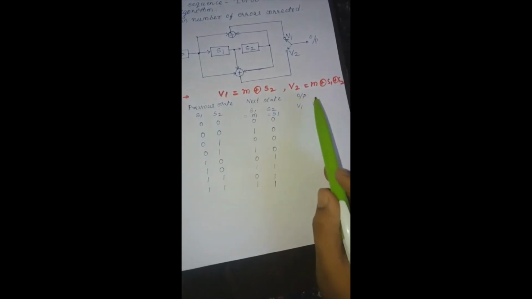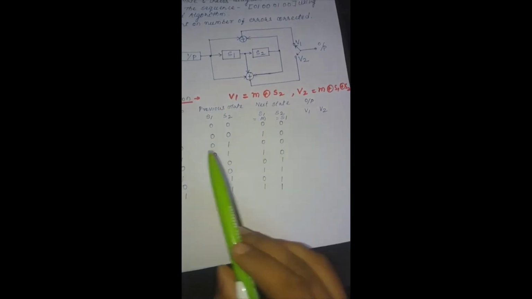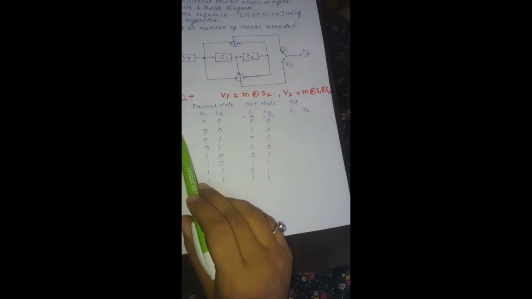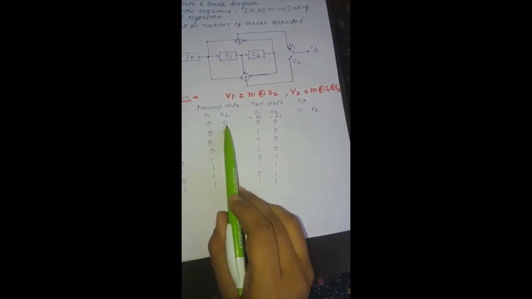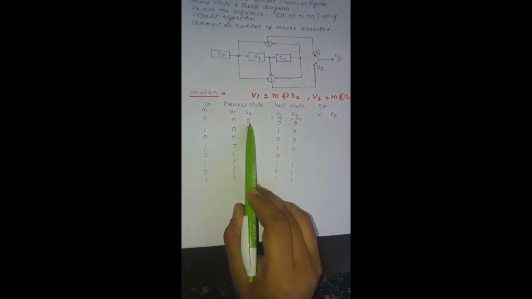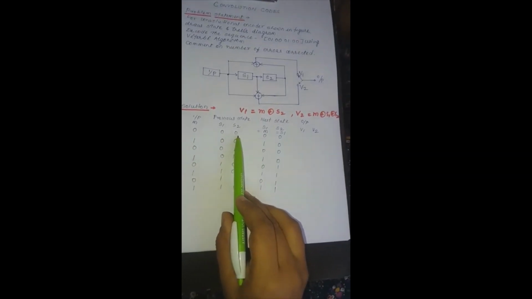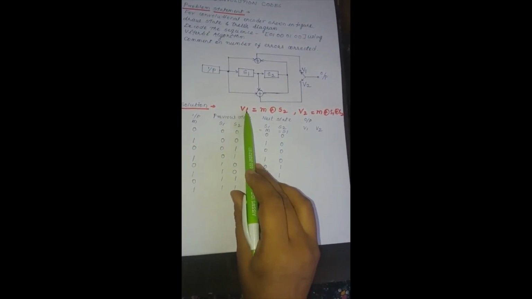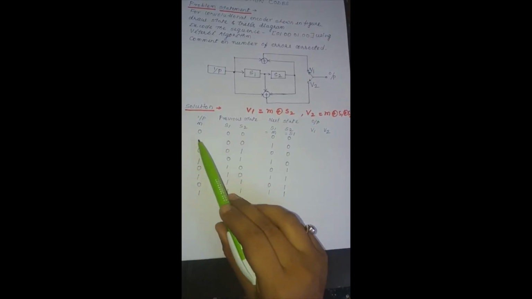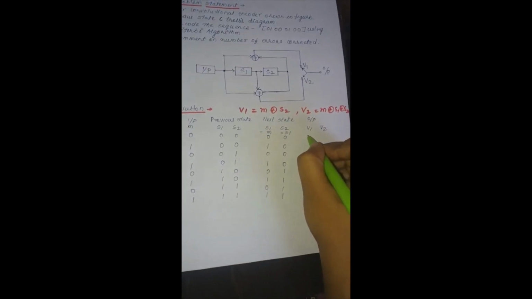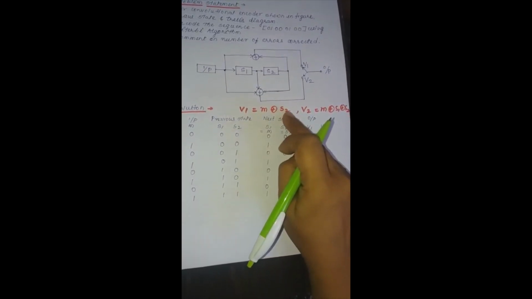So by applying these equations for V1 and V2 and considering the value of M and previous states of S1 and S2, not the next state, we have to consider previous states of S1 and S2 to find out the values of V1 and V2. So accordingly, we can do the calculations. V1 is equal to M XOR S2.